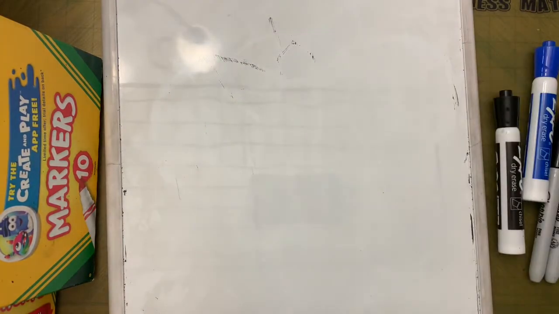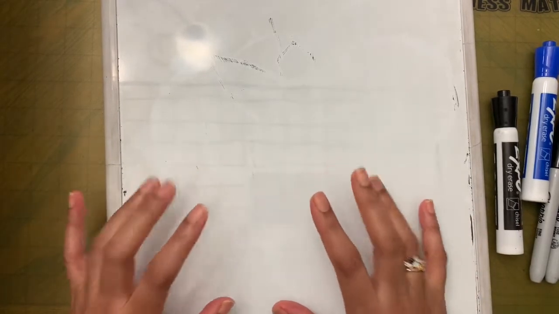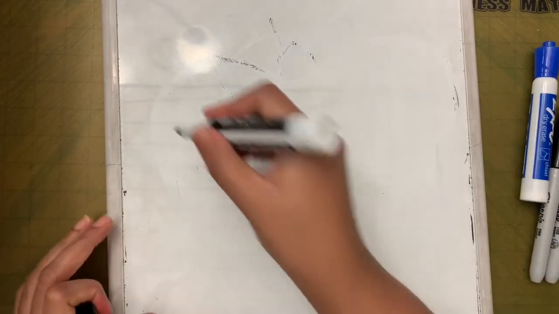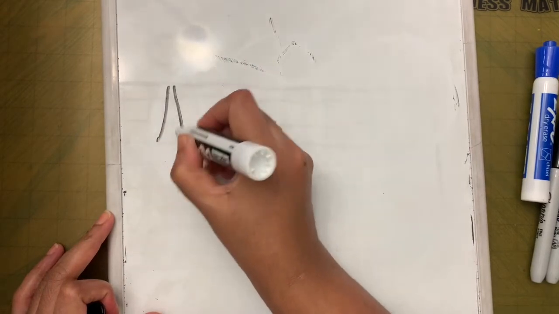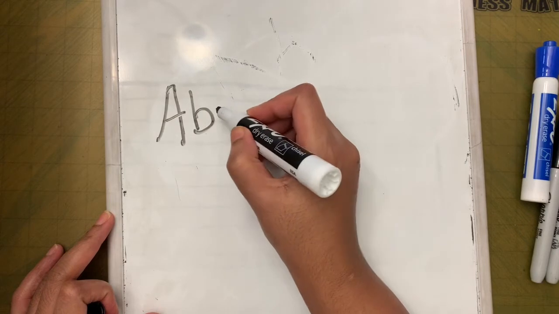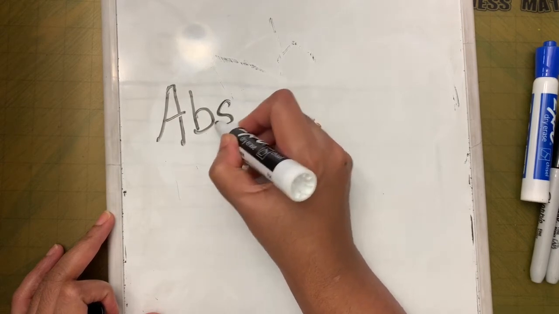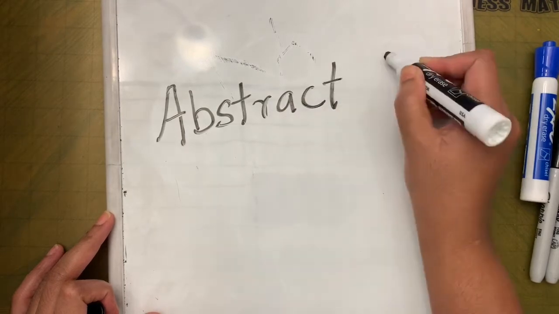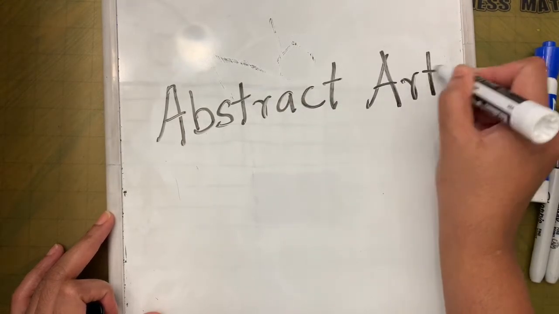I'm going to put away my paper and my supplies so that we can first talk about what an abstract art is. Okay, today we're going to learn what abstract art is.